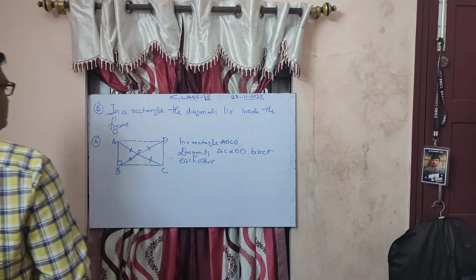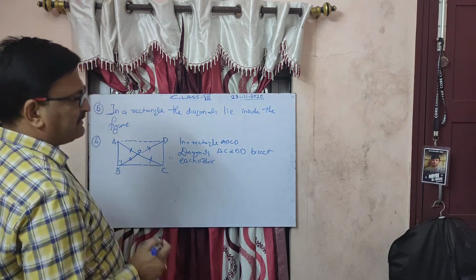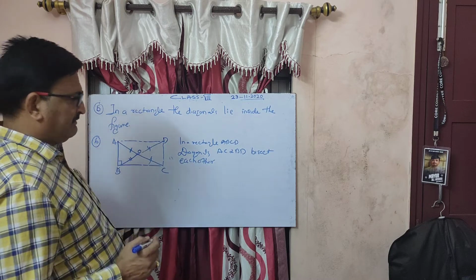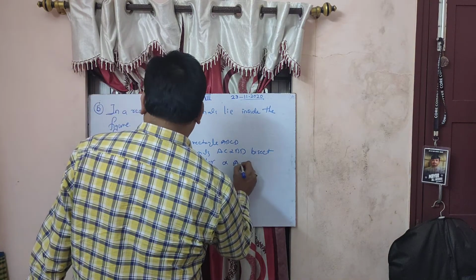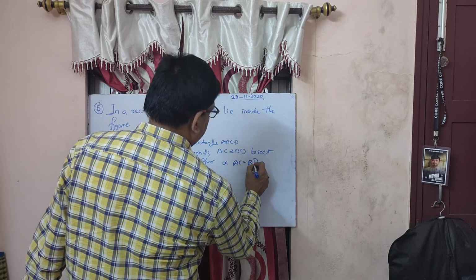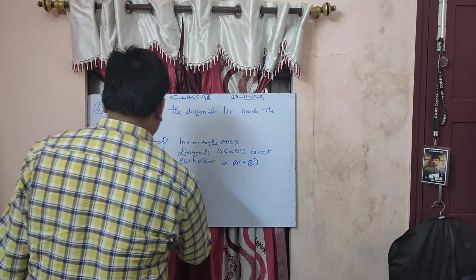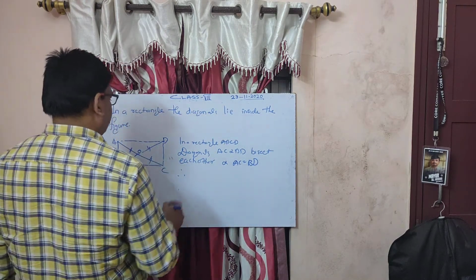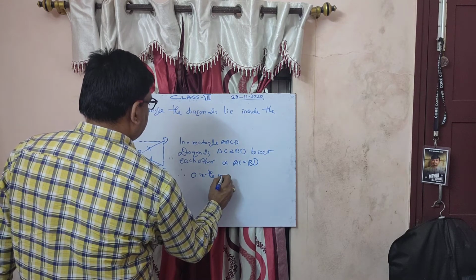What it shows means first of all, in a rectangle, the two diagonals are equal. First of all, the diagonals are equal, AC equal to BD. Therefore, bisect means O is the midpoint.